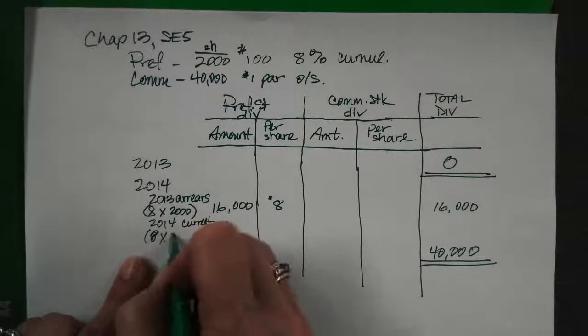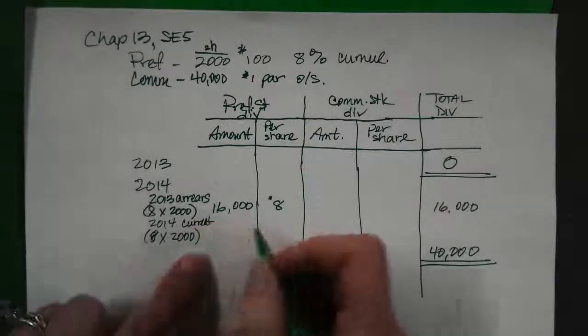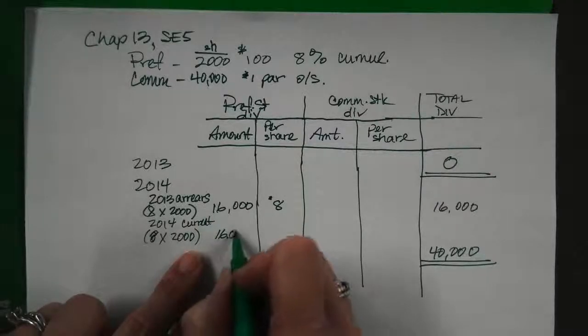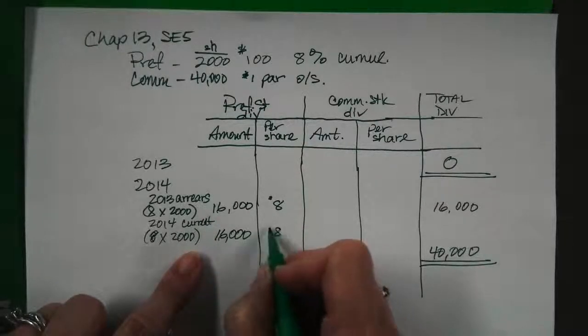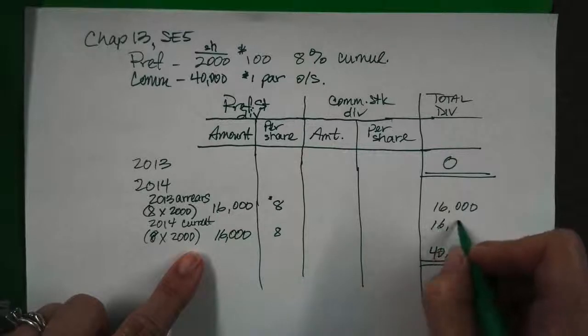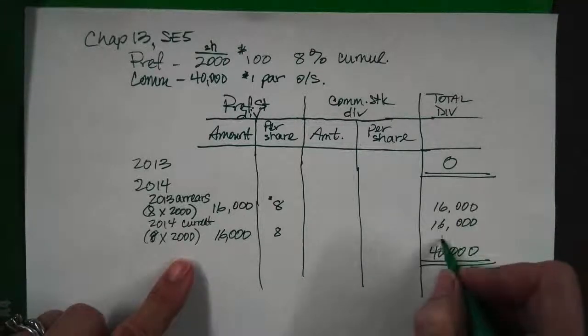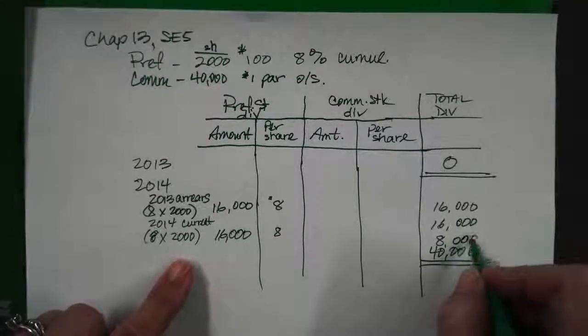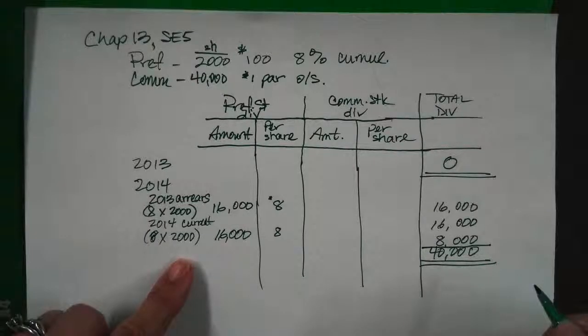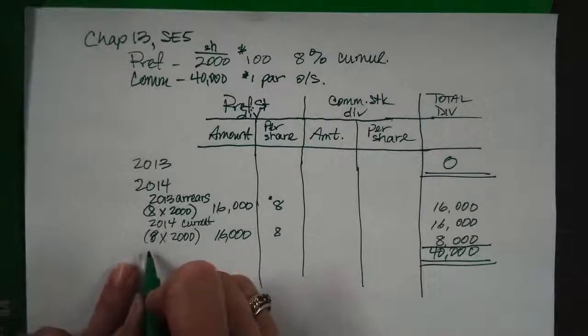Also $8 times 2,000 shares. That's why it's preferred. It gets a set amount. So there's another 16,000. So 16 and 16 is 32. We need to spend 8 more thousand on dividends to get to 40. Those are going to go to common.